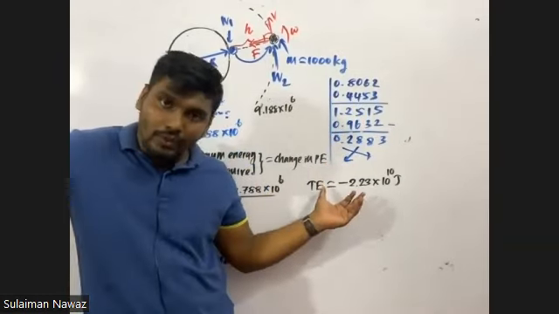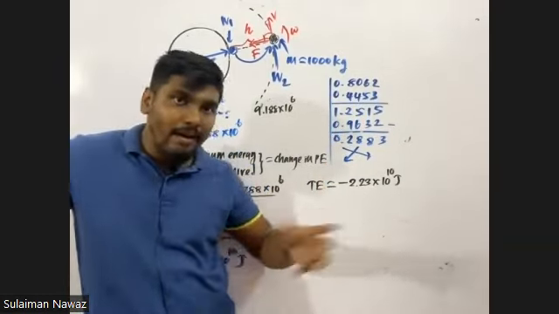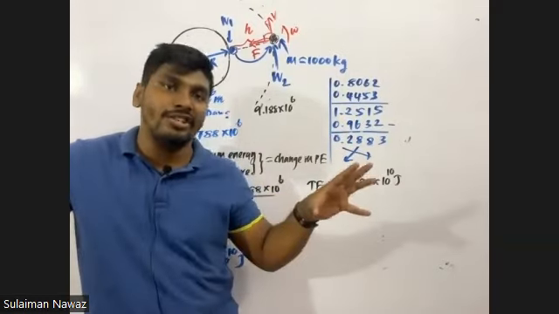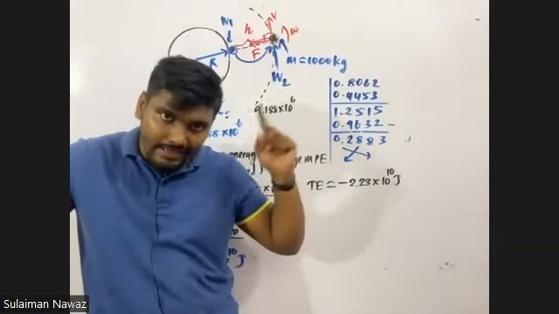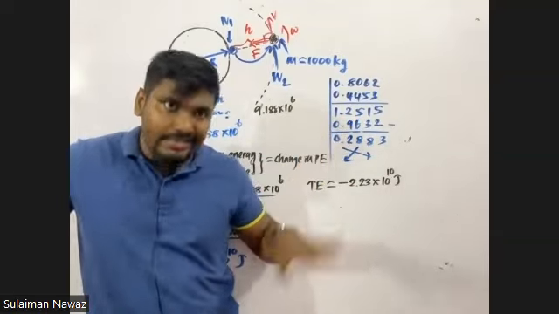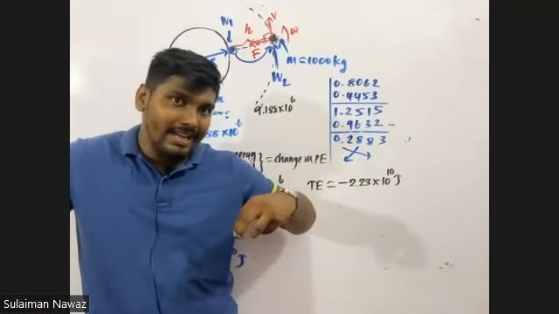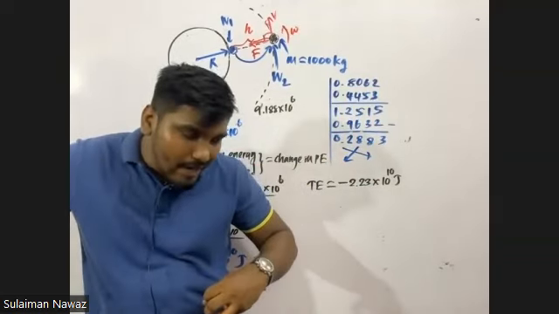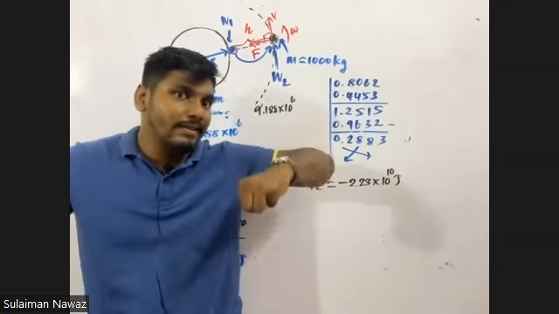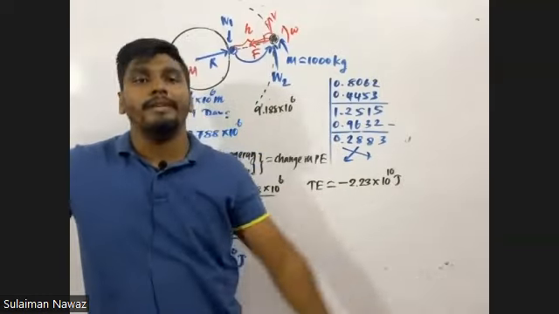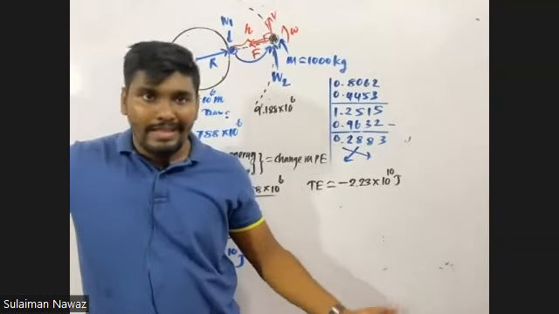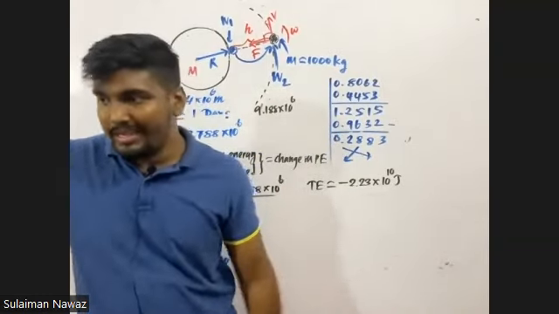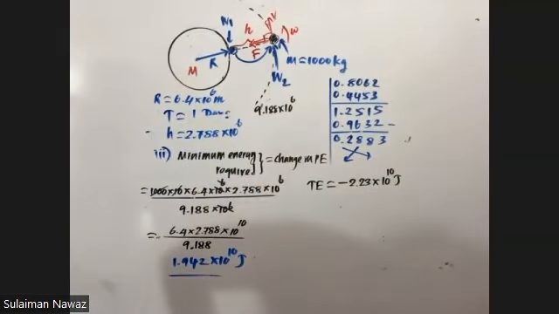Because Roman number 2 is about the total energy when the satellite is moving in that orbit. Roman number 3 is a small part of the energy that we want to provide for the satellite to move from the surface of the Earth to the orbit. So that's the difference. If you write that, you will get the marks.